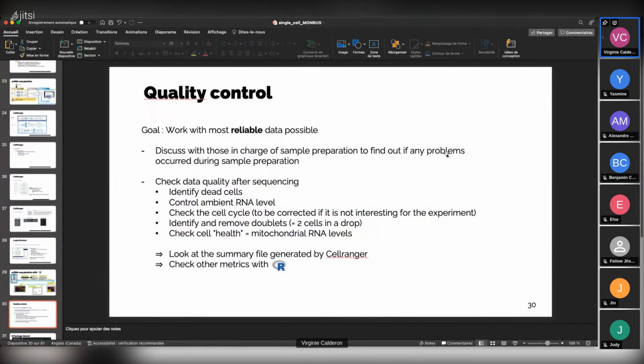So I was talking about quality control. This is a mandatory step. We need to work with reliable data. So of course, here it's really important to talk with the people in charge of the sample preparation and the biologists to find out if any problems occurred during the sample preparation, if there is any issue at some point in the protocol.